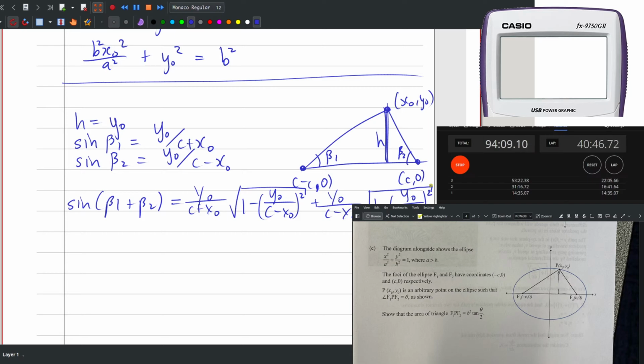It's so weird, especially how you turn it into tan.